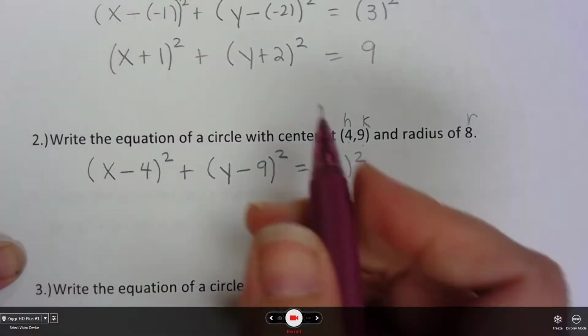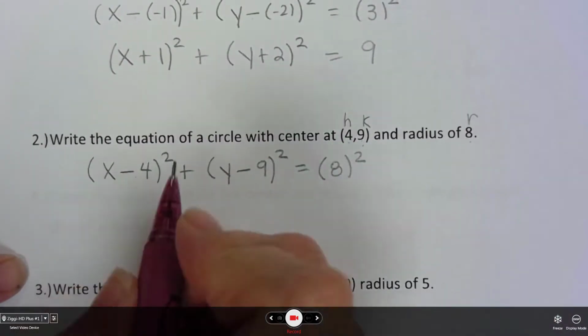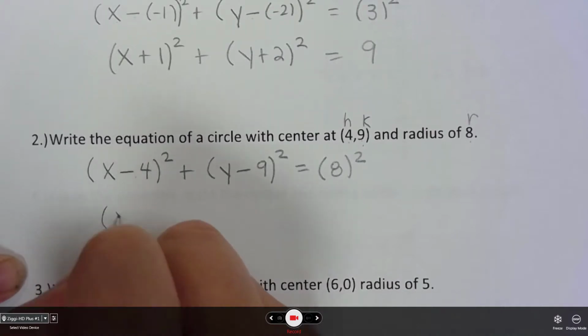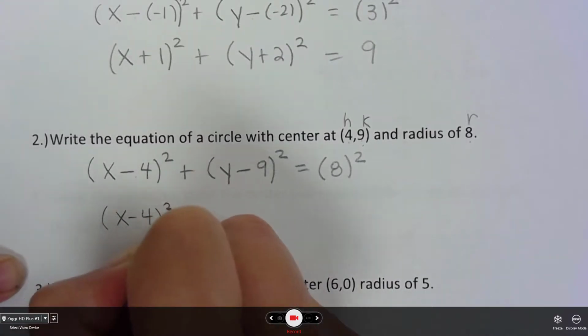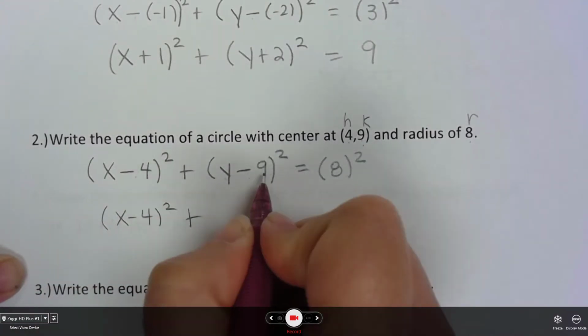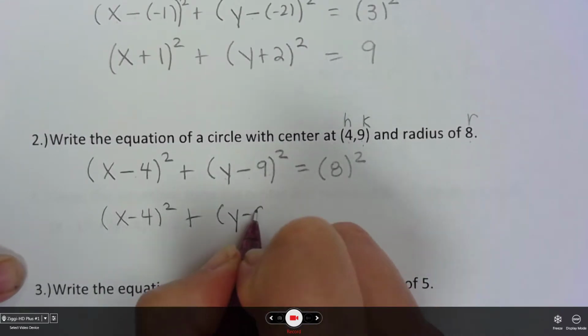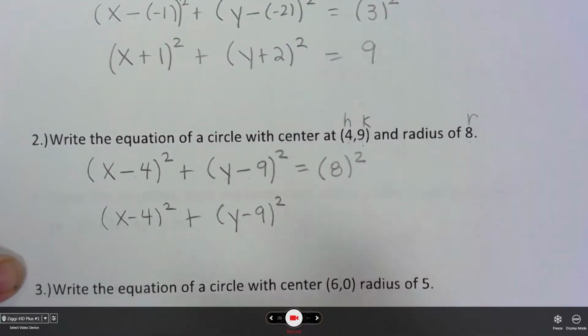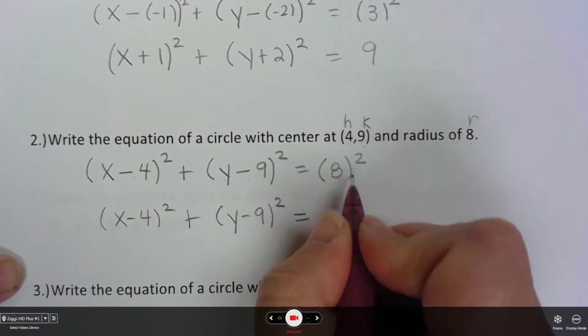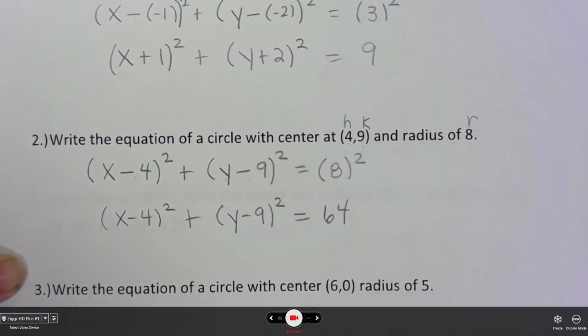I can't simplify x minus 4 any further, so it stays x minus 4 squared, and y minus 9 simply stays y minus 9 squared. Then 8 squared is 64.